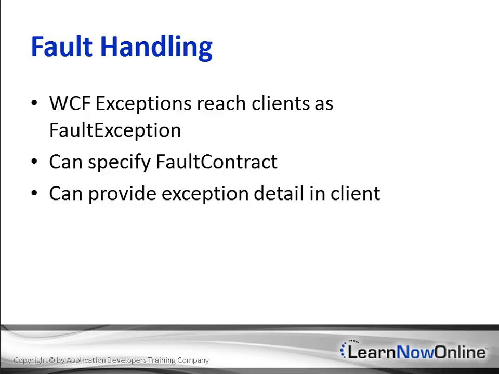However, this is non-standard, and you have to provide special configuration to enable this to happen. This is good for testing though, so you can do your development on your service and do your testing and then turn this off in configuration later. So now, let me show you how to use faults in your WCF services.